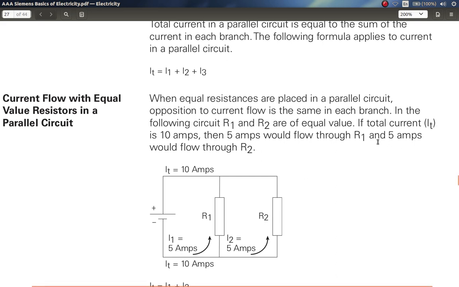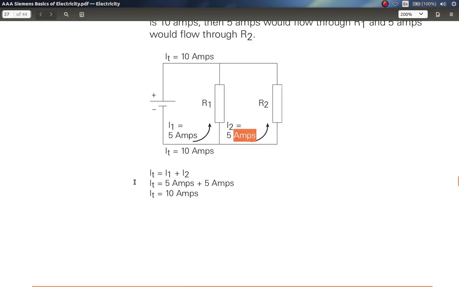If the total current IT is 10 amps, then 5 amps will flow through R1 and 5 amps will flow through R2. You can see it here, 5 amps and 5 amps. That's when the resistances are equal. So total current IT is I1 plus I2, which is 5 plus 5, which is 10 amps.